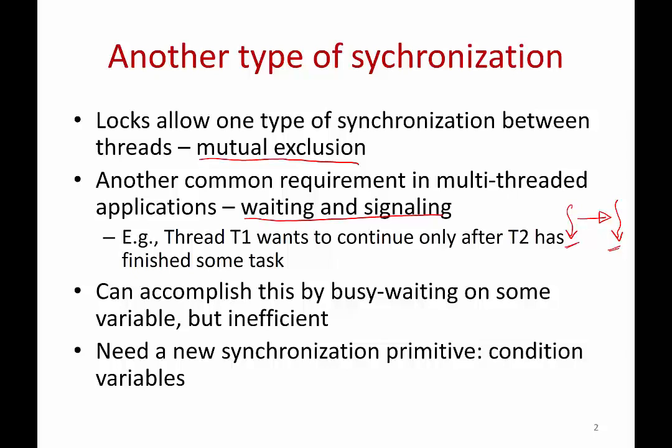So instead, most operating systems have a synchronization primitive that is called condition variables, which gives you the ability to wait and signal, right? The different operating systems call the synchronization primitive by different names, but we are going to go with the name condition variables, which is what is used in the pthreads library in Linux.